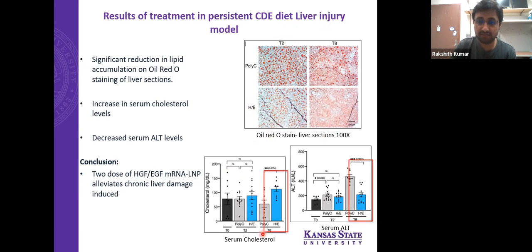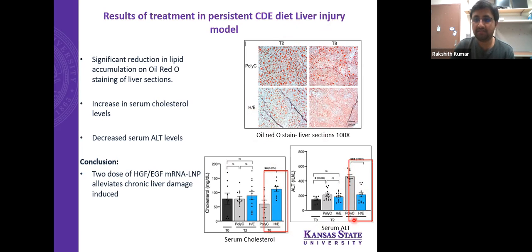And there was an increase in the serum cholesterol level when compared to the control group at the day 8 time point, and also the serum ALT levels were decreased compared to the poly C group.